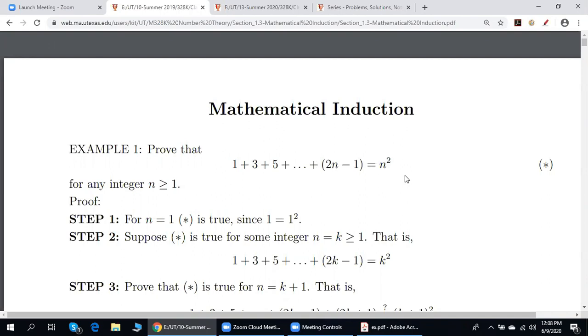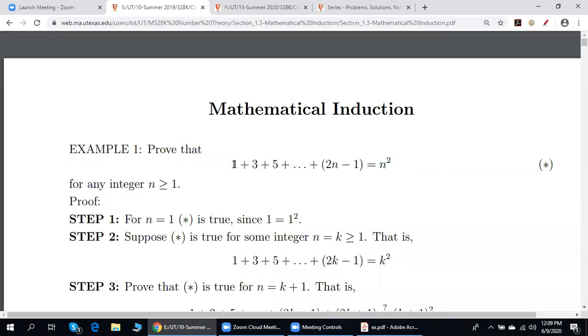If n is equal to 2, the left-hand side is 1 plus 3, which is 4, which is equal to 2 square. If n is equal to 3, the left-hand side is 1 plus 3 plus 5, which is 9. 9 is equal to 3 square, and so on.